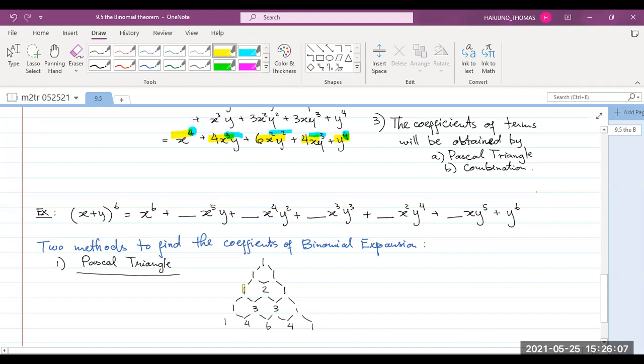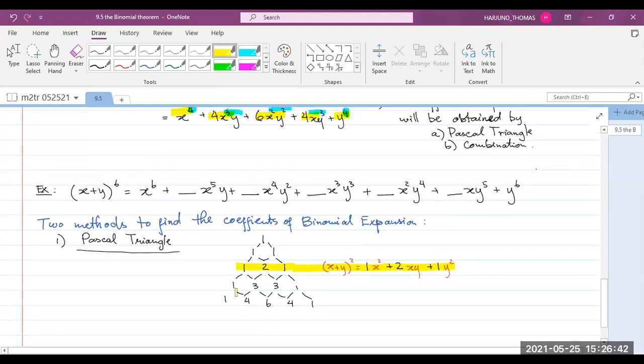Now notice that this 1, 2, 1 is the coefficients of (x plus y) squared equals 1 x squared plus 2 xy plus 1 y squared. Do you see that? And this row, for example, 1, 4, 6, 4, 1 is this one here. You see that?